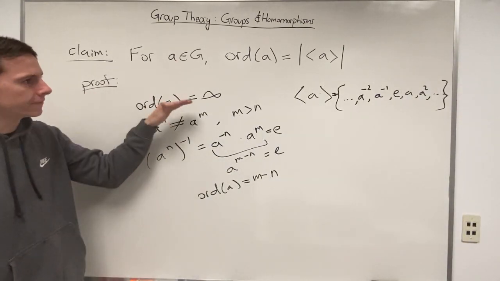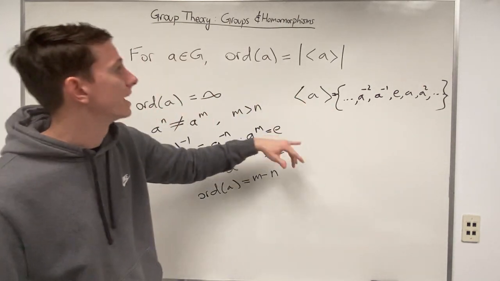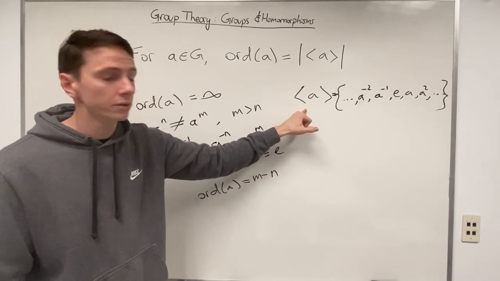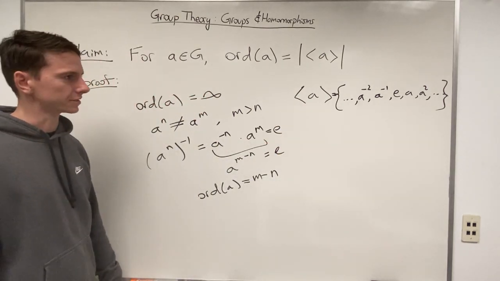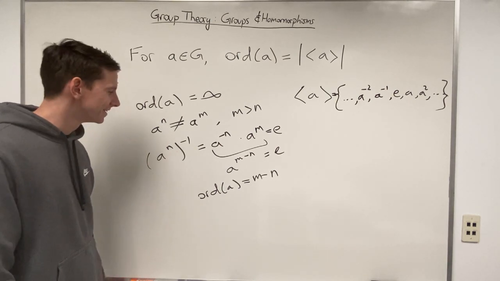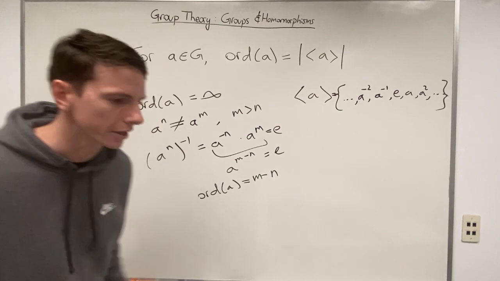So because the order is infinite, all the elements of this group need to be different, and hence the order of this group must be infinite. I hope that makes sense and that's not too confusing. But yeah, that's going to be the infinite case.